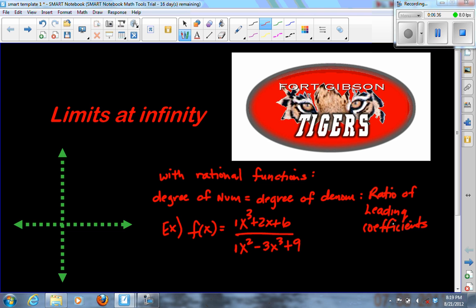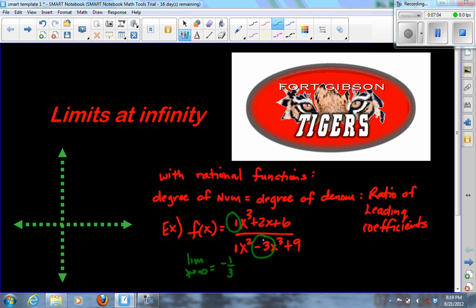The leading coefficients are, if it's written in the correct order, highest exponent down to lowest exponent, but you see this one's out of order. So my ratio should be 1 over negative 3. So the limit as x approaches infinity is negative 1/3 for this function.